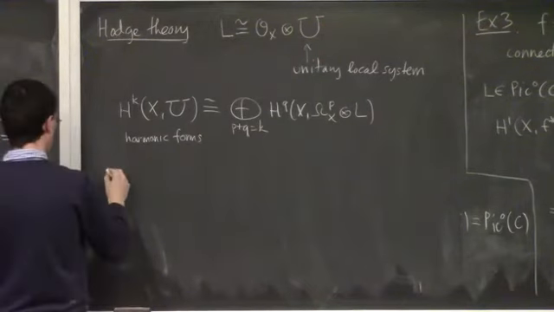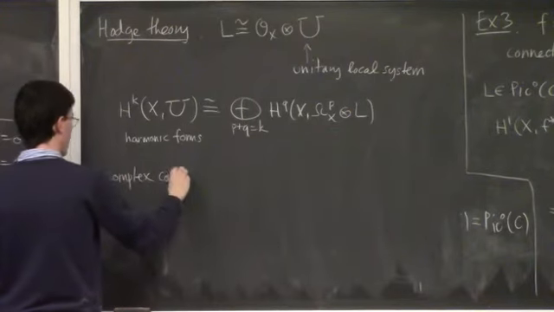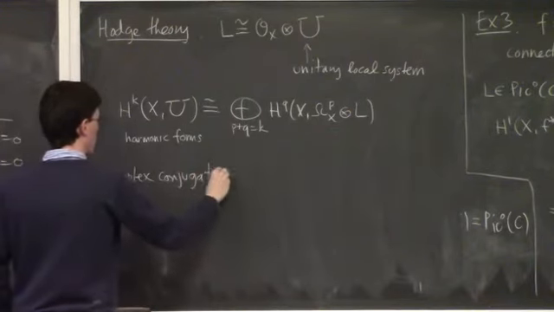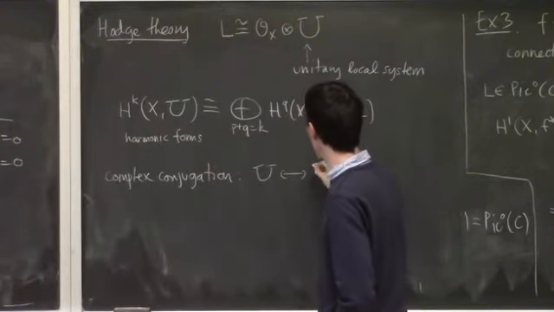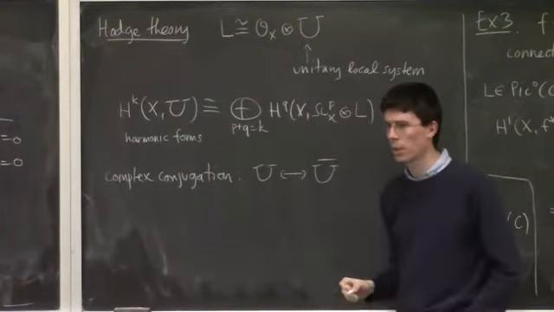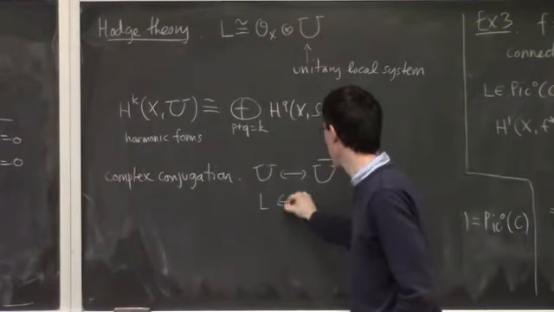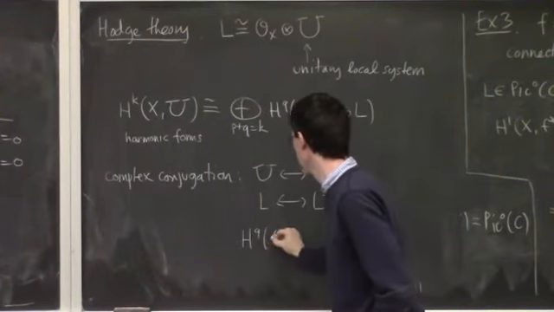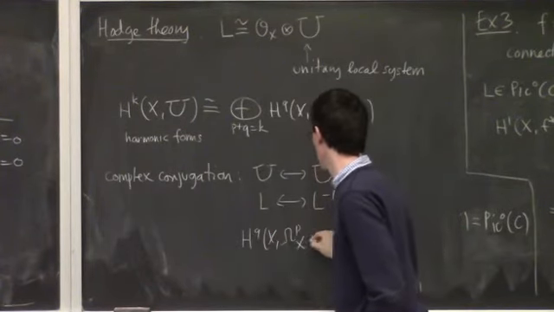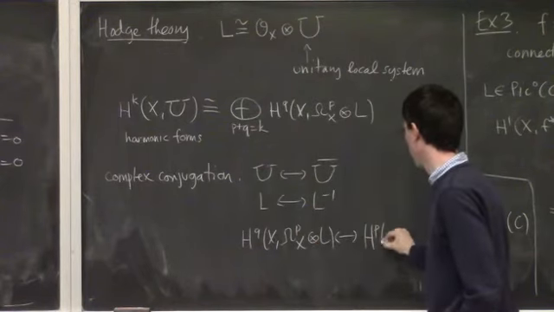Okay, and so now, if we look at the effect of complex conjugation, what complex conjugation does is it swaps this guy with its conjugate, where all the transition functions are conjugated. It swaps the line bundle, therefore, with its inverse. And it's going to exchange this group H^q(X, Omega^p_X tensor L) with H^p(X, Omega^q_X tensor L inverse).